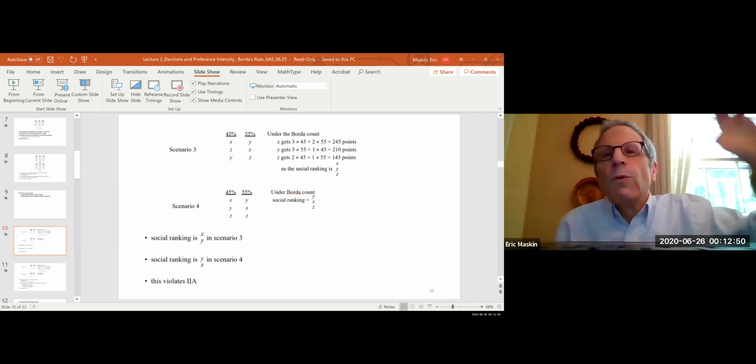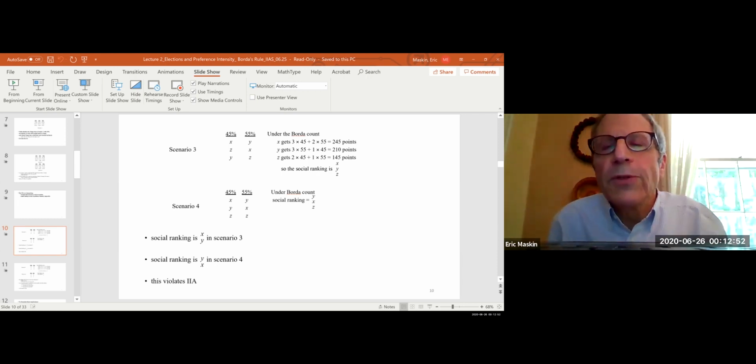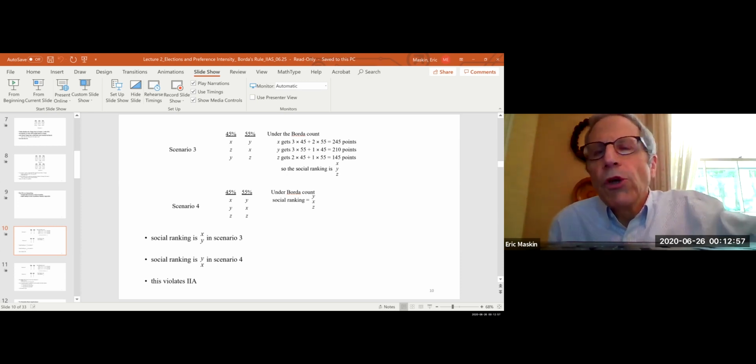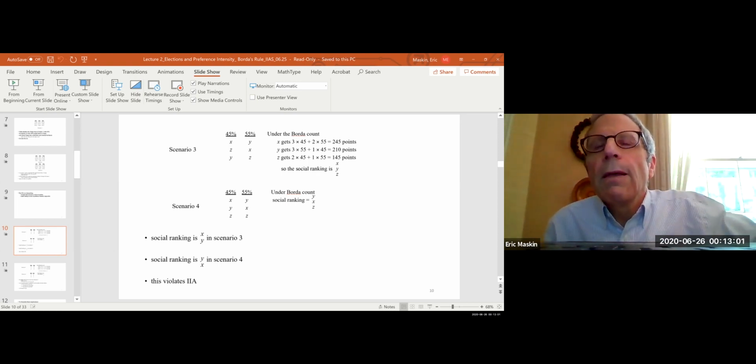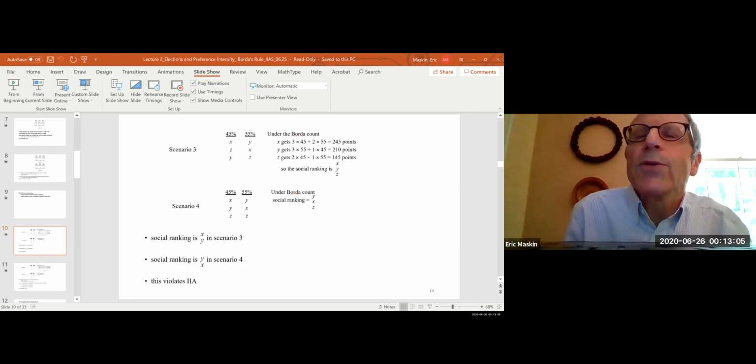So we're making an improvement by moving from plurality rule to majority rule, or from plurality rule to Borda count, but only in about 15% of the cases is that a real improvement.